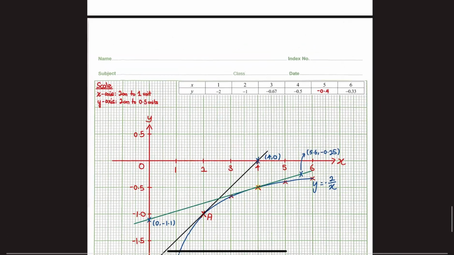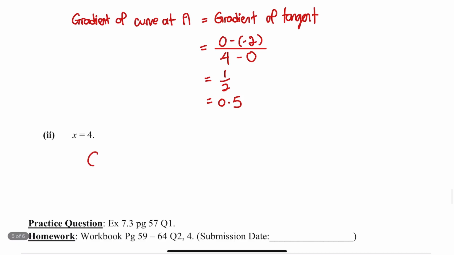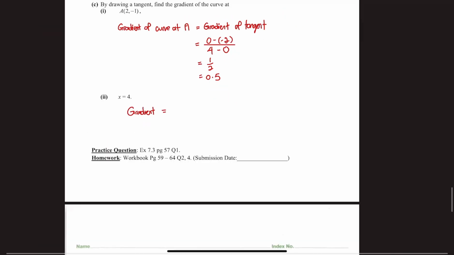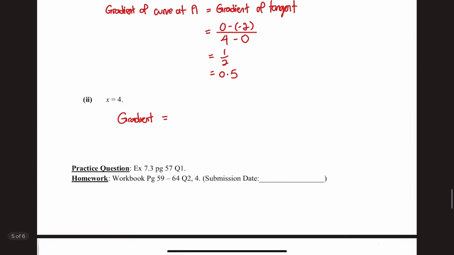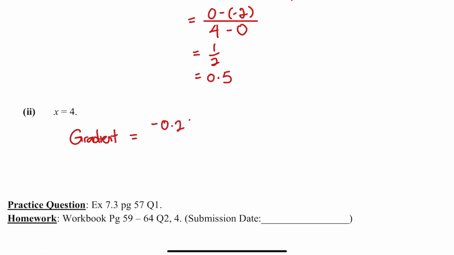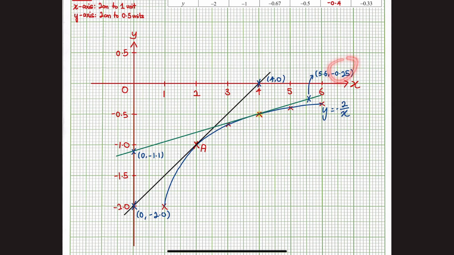So to find the gradient at this point, very simply, the gradient is equal to y2 minus y1. My y2 is negative 0.25 minus negative 1.1, divided by 5.5 minus 0.